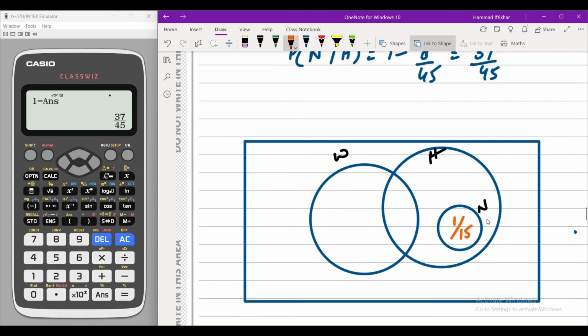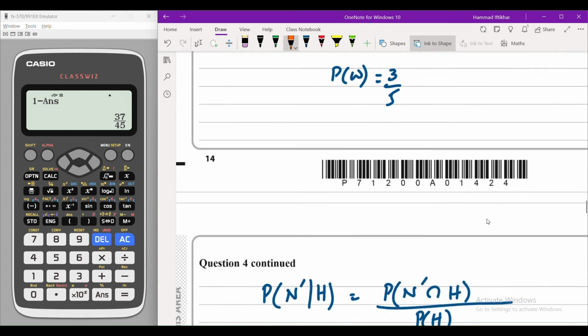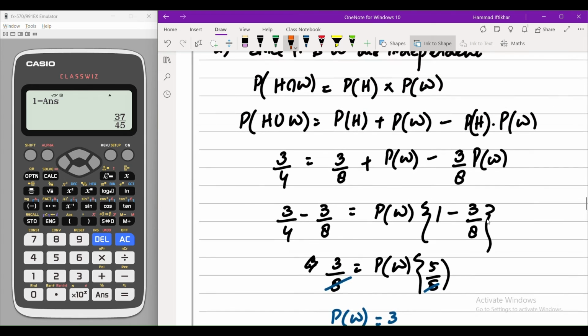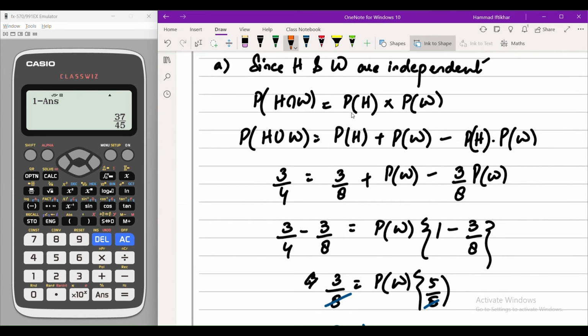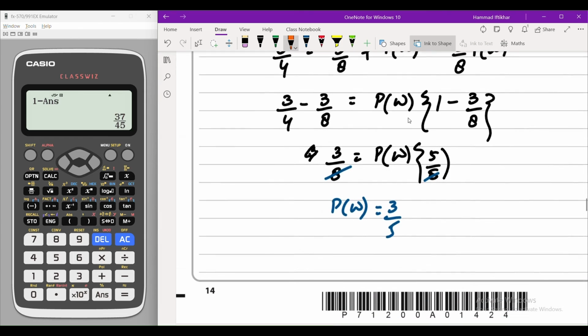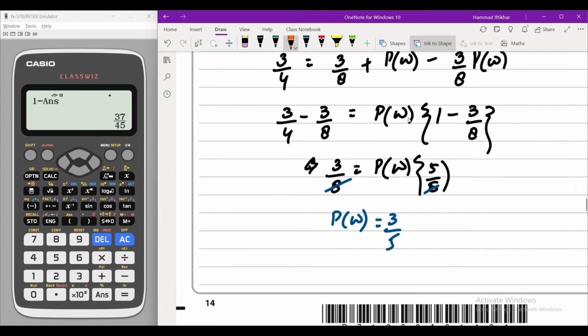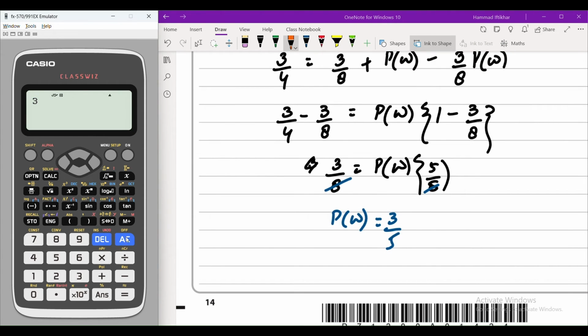Then the probability of H intersection W was probability of H times probability of W, so 3 by 5 times 3 by 8, that is 9 over 40.